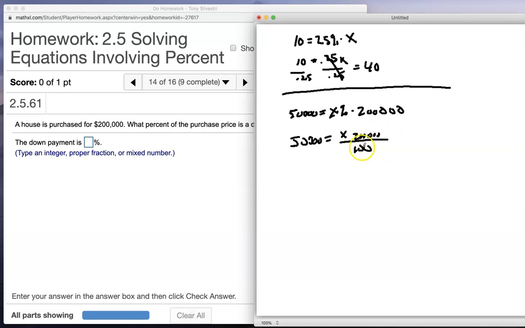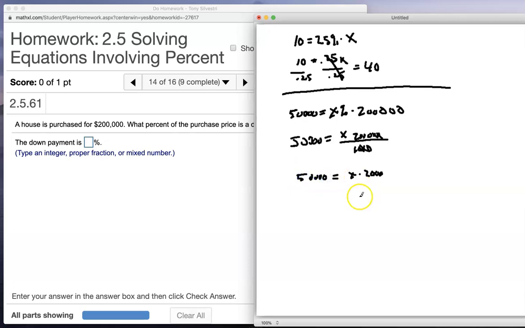Look at this: 200,000 over 100. You can cancel out the zeros, and what you're left with is X times 2,000 equals 50,000.